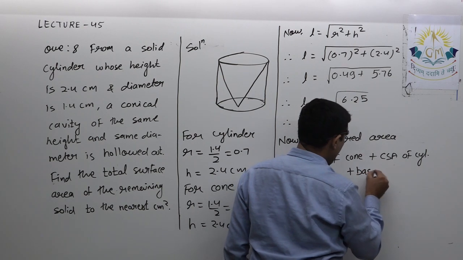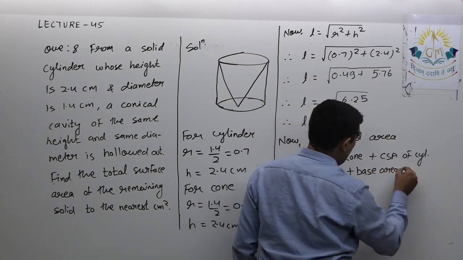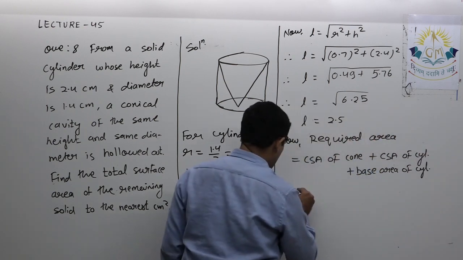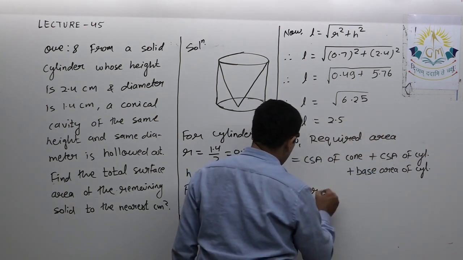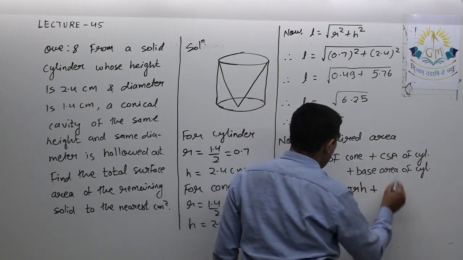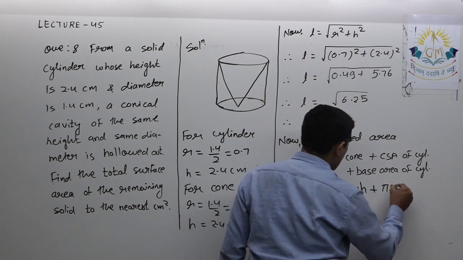Now CSA of cone is pi r L, CSA of cylinder is 2 pi r H, and base area of cylinder is pi r square.